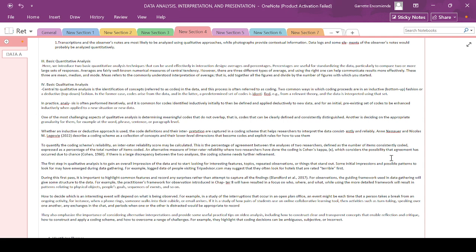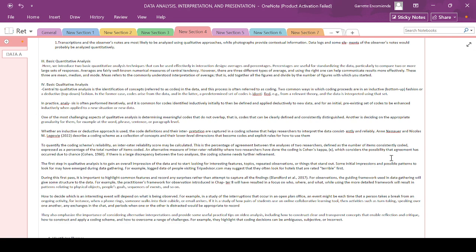So in the inductive, the codes or the main points or the categories arise from the data itself. And in the latter, a predetermined set of codes or categories is identified from a relevant query, and the data is interpreted using that set.